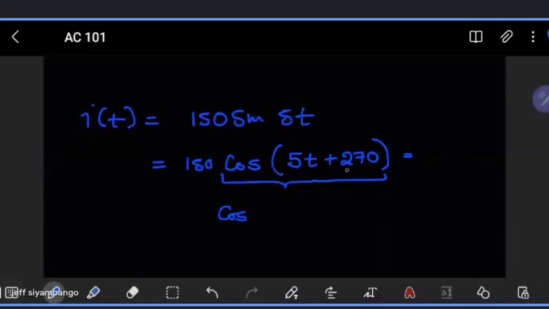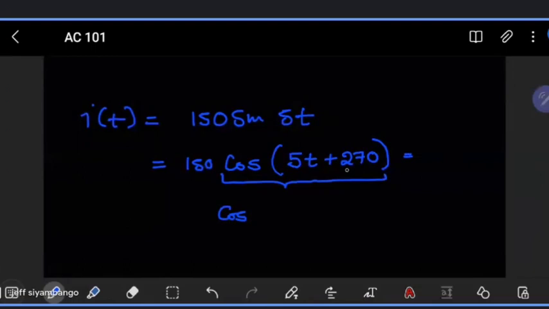Cos 270 is 0, making the first term 0. The second term is what survives, and it starts with a minus, so minus sine 5t times sine 270. Sine 270 is -1, and this -1 opposes the minus, making it positive, so that this reduces to just 150 sine 5t. So clearly you can tell that it's 270 that works.